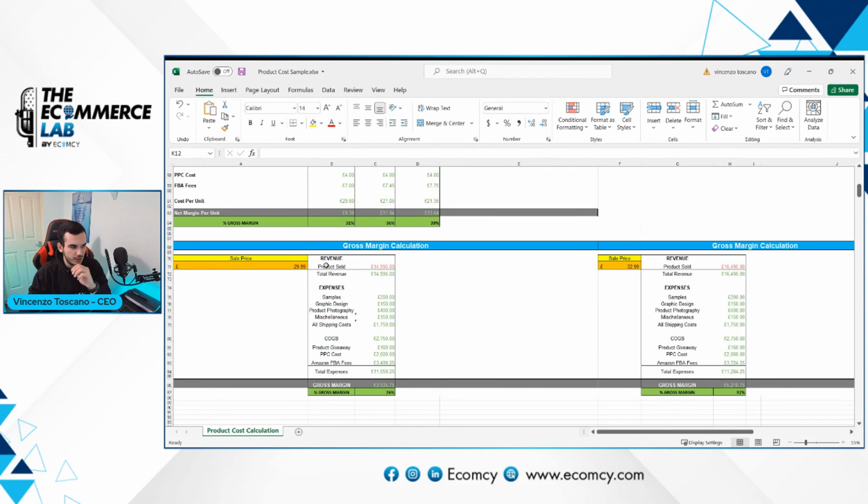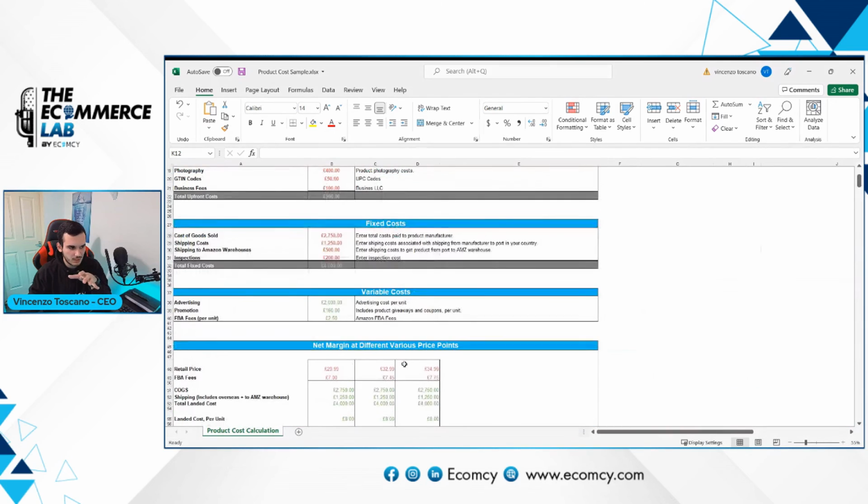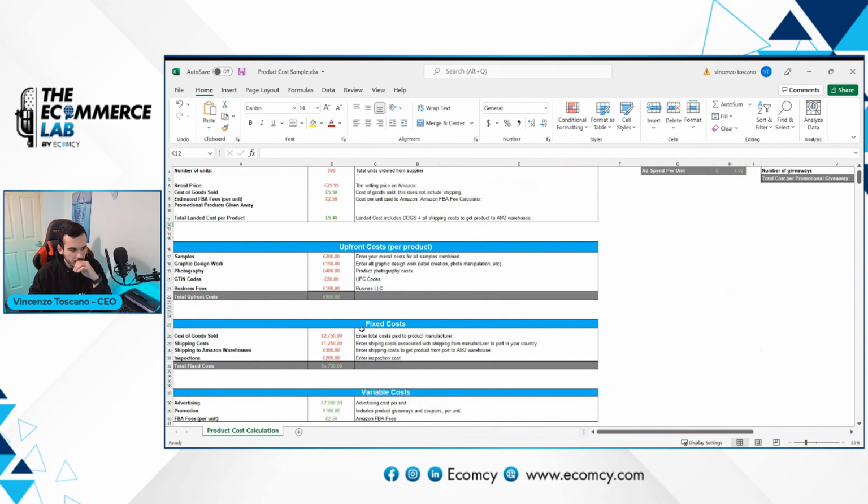For example, if you decide to sell at this price point, as we can see here, you're going to have around 4,700 in fixed costs just in inventory and shipping, and then another 900 when you're setting up everything in terms of legal fees and photography, which is a one-time fee, but still you need to consider that.